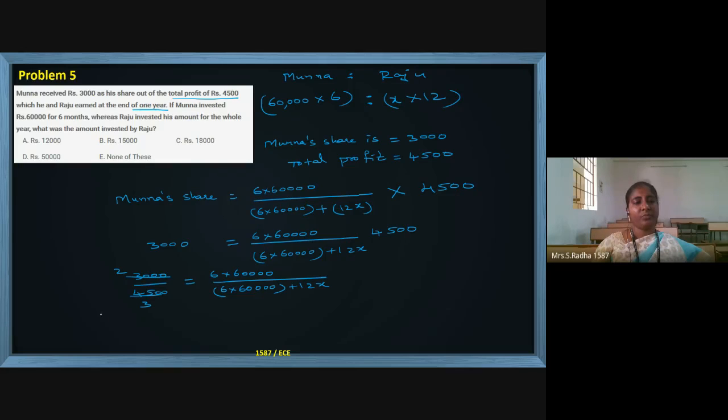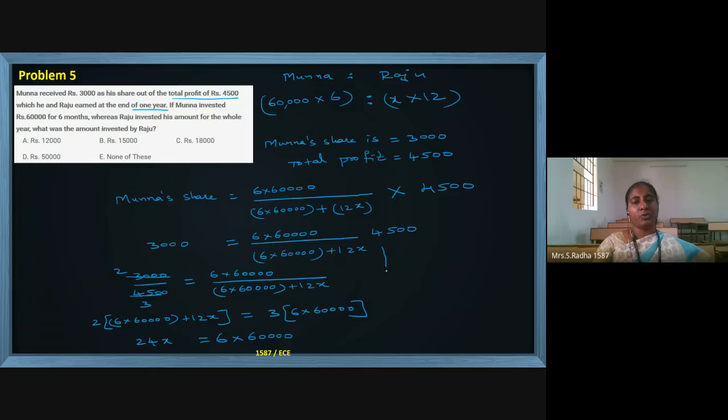Cross multiply: 2 into 6 into 60,000 plus 12x equal to 3 into 6 into 60,000. So if I retain 24x on the LHS, all other things I am sending to RHS, I will be having 6 into 60,000 on the RHS.